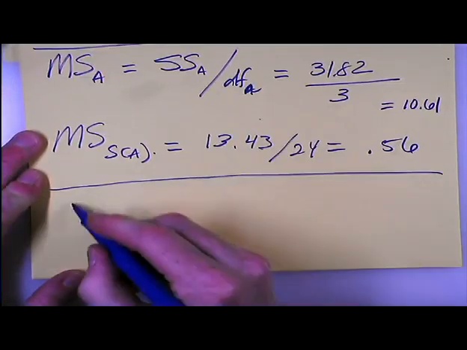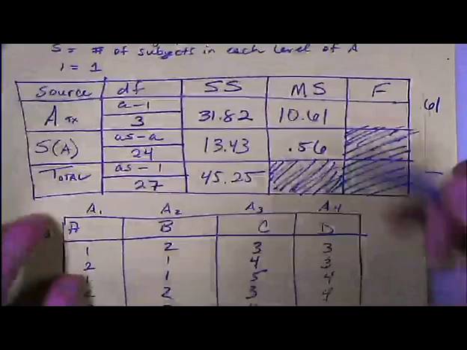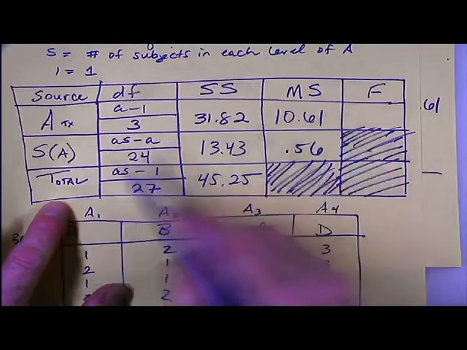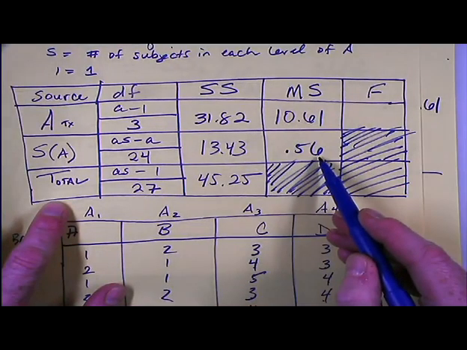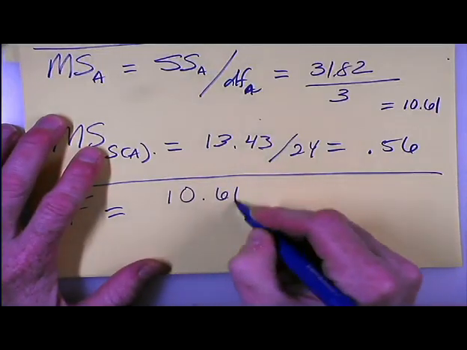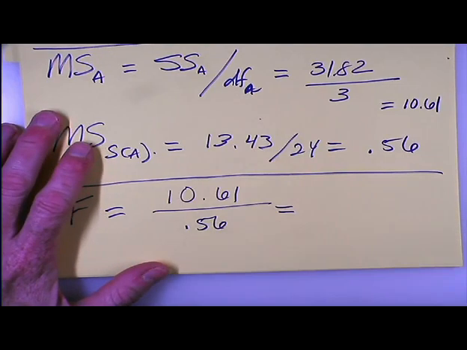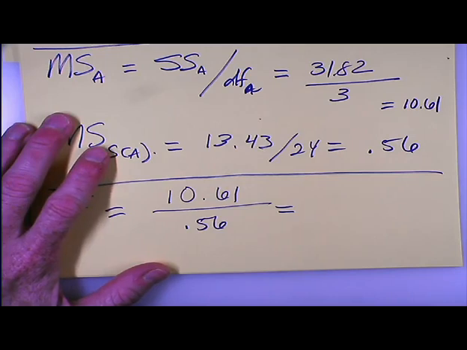And then our F value is the mean square A divided by the mean square subjects nested in A. So it is 10.61 divided by 0.56, which equals 18.95.